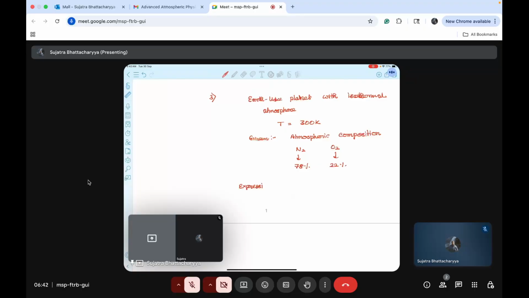Now, for the scale height, what is the expression of the scale height? Suppose H is the scale height.